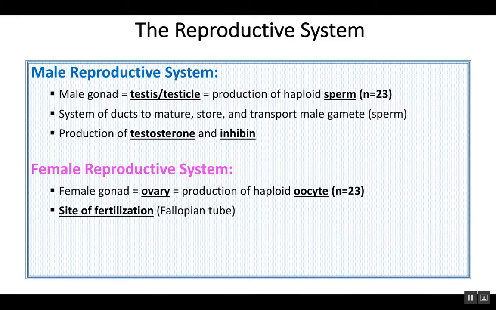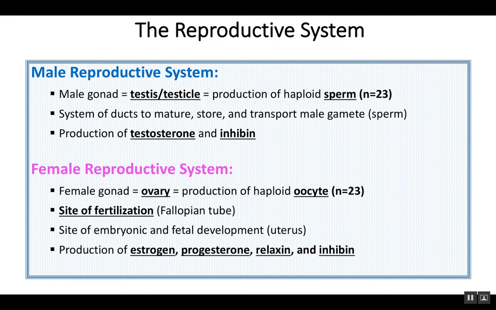These are the tubes that are going to be transporting the oocyte from the ovary towards the uterus. It also transports the sperm towards the oocyte. So they meet up in the fallopian tube and fertilization occurs there. Then the embryo needs to travel into the uterus where it completes embryonic development and then fetal development.